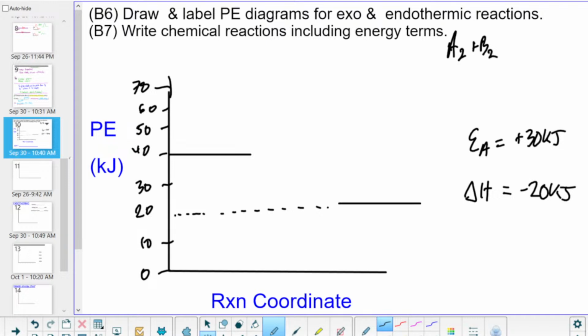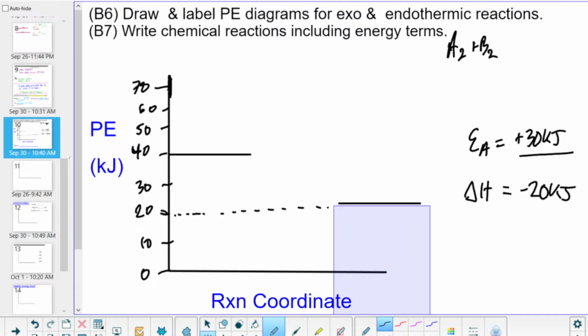It's a rough graph, and it's your notes, so as long as you can understand it. If this is an energy of activation of plus 30 kilojoules, starting at 40, what number should I go up to?